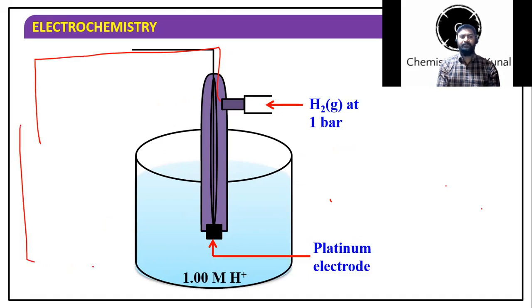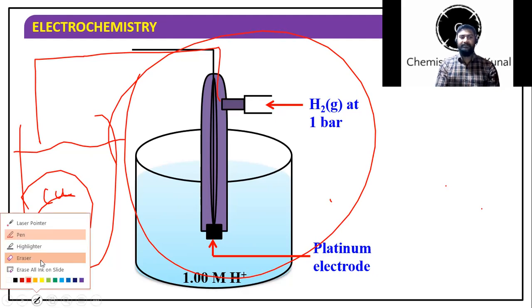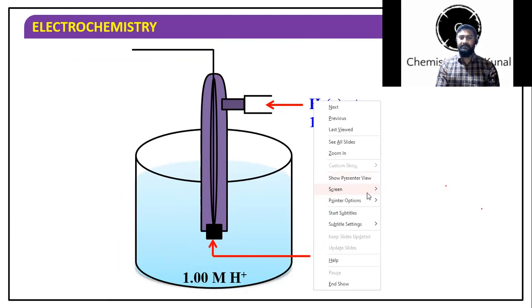The other part would be connected with some other electrode, maybe a copper electrode, zinc electrode, whatever. It's just one half of a cell. In a cell, there are 2 electrodes, cathode and anode. This is just one electrode. It could be either cathode or anode. It depends on what I'll tell you in the upcoming lecture. So now let's continue and see the next part.